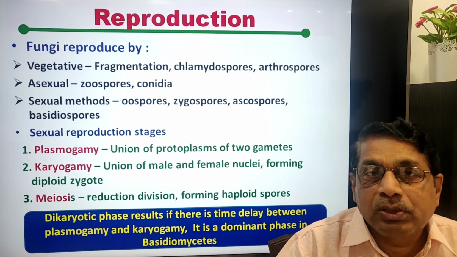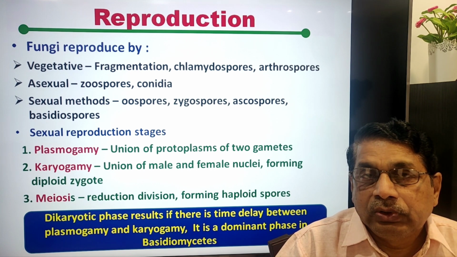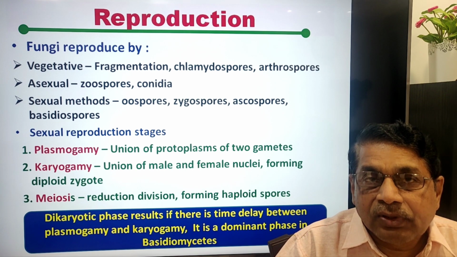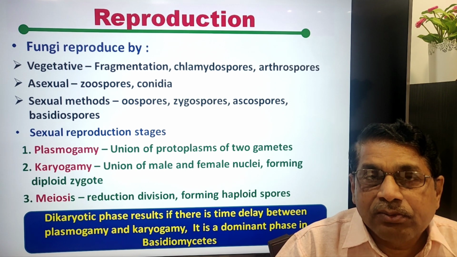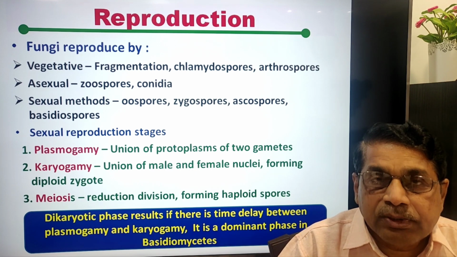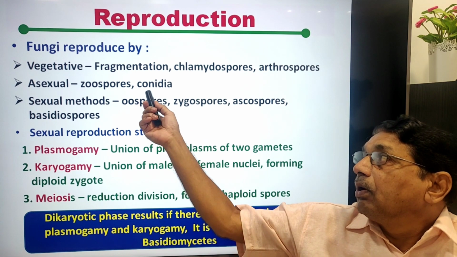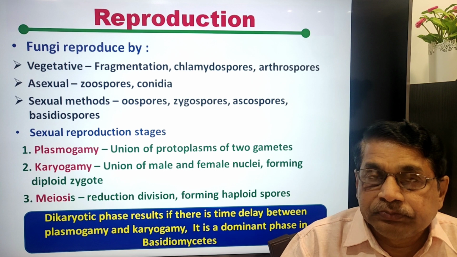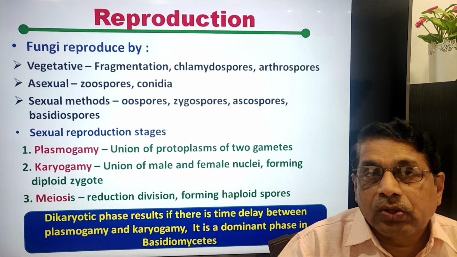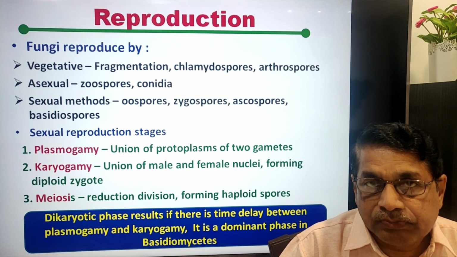The zoospores may be uniflagellate or biflagellate, and under moist conditions, if a film of water is available, they swim to a different place, germinate and give rise to the mycelium. Or conidia, dry spores produced on conidiophore. This is very common in Deuteromycetes.